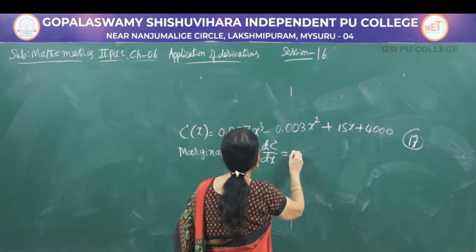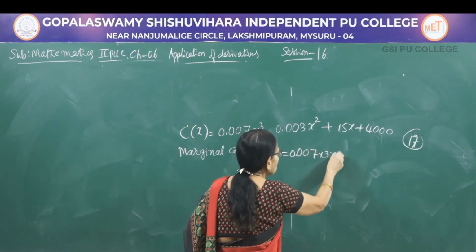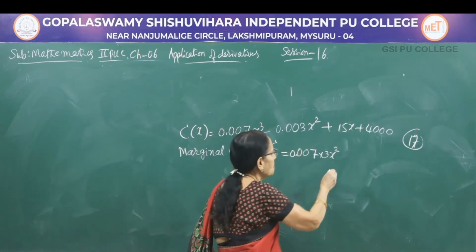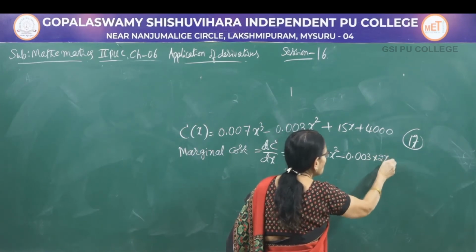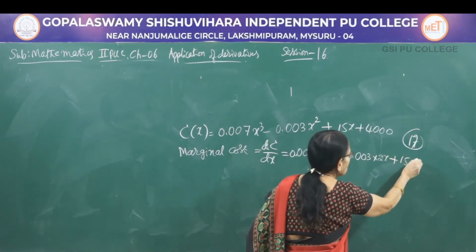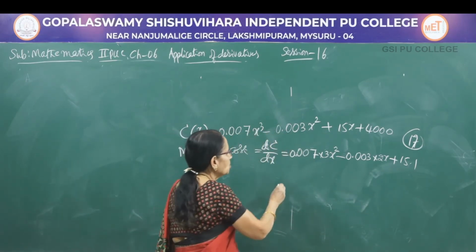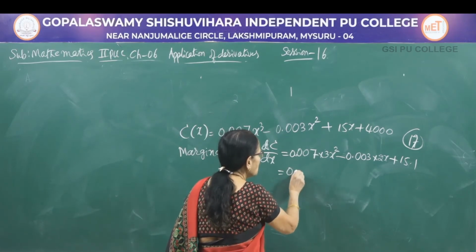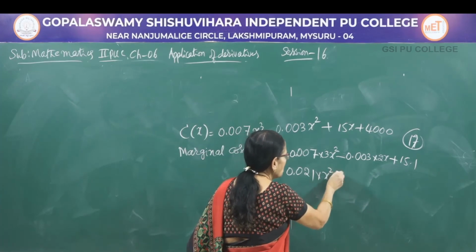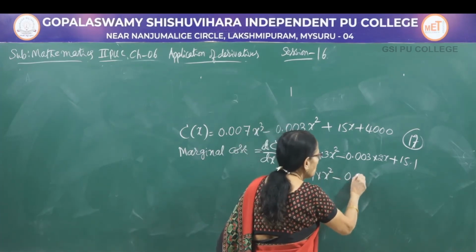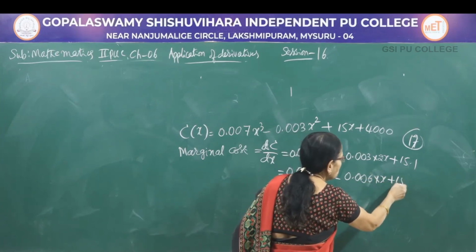So this would be equal to 0.007 x cube becomes 3x square, very simple differentiation, minus 0.003 x square becomes 2x, plus 15 into 1, and 4000 being a constant becomes 0. So when you multiply, 3 sevens are 21. So it is 0.021 into x square minus 0.006 into x plus 15.